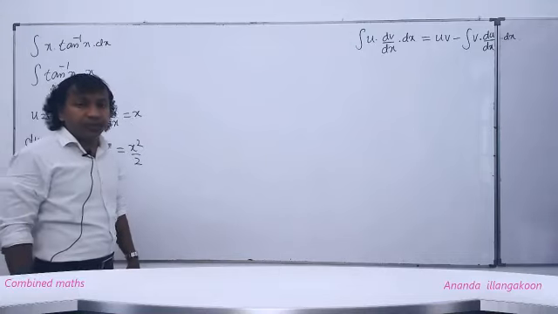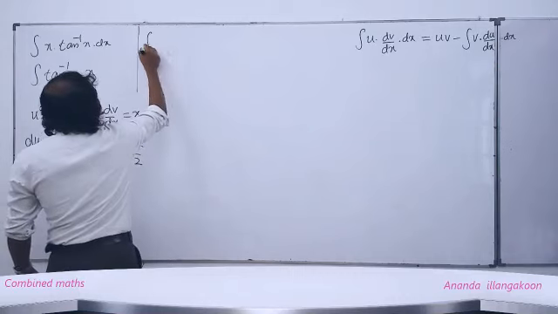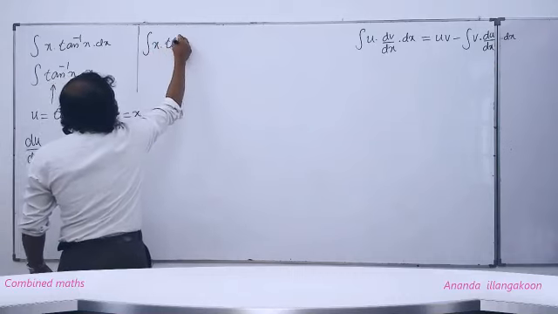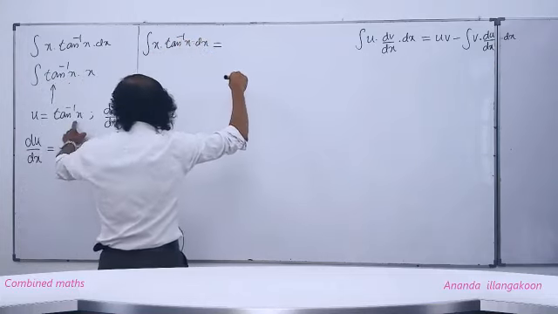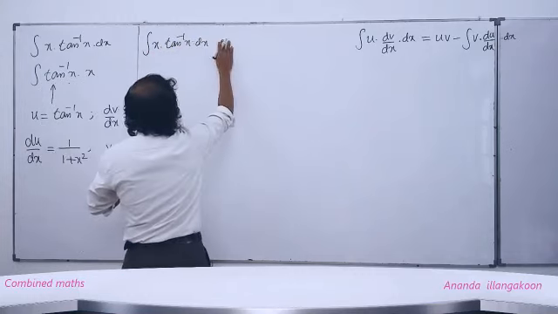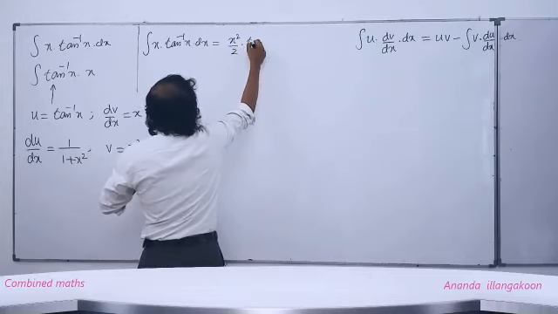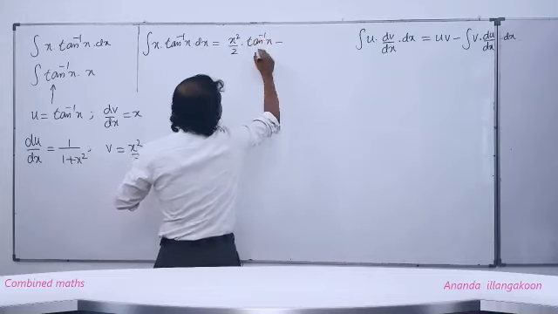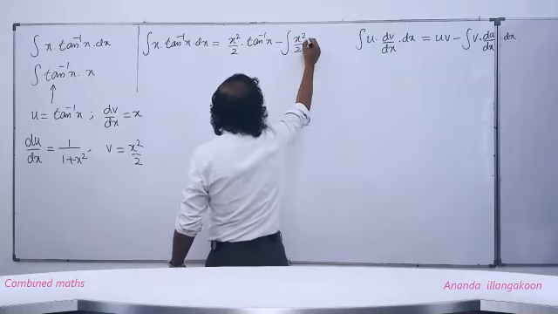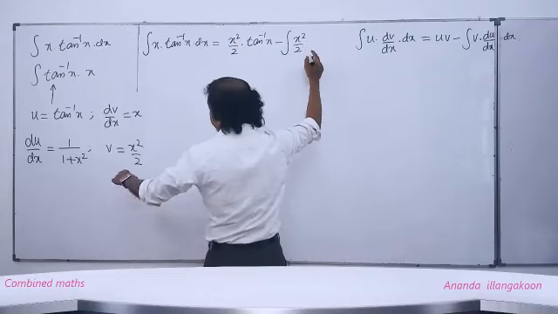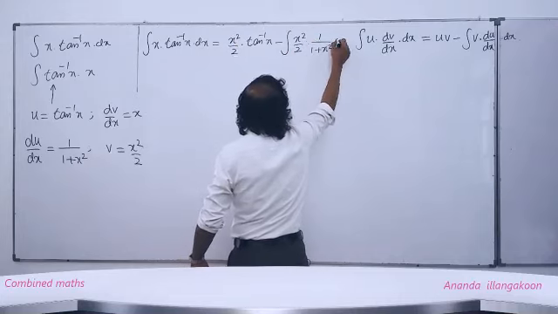Now substitute in the by parts formula. Integral of x times tan inverse x dx is equal to uv. U is tan inverse x, v is x squared by 2. Then we get what? X squared by 2 into tan inverse x minus integral of v, x squared by 2, du by dx, 1 over 1 plus x squared, dx.